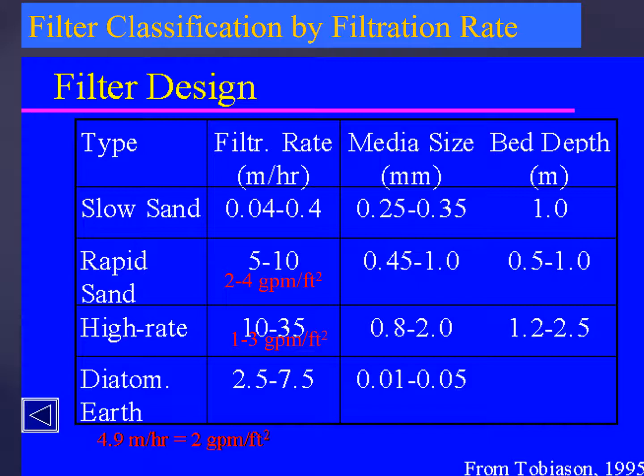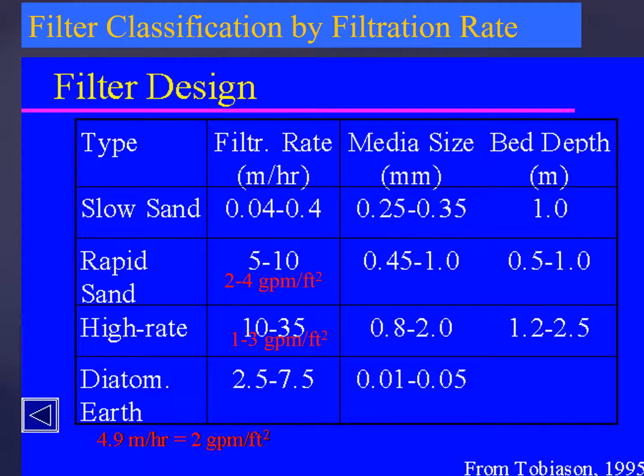For rapid sand it is from 5 to 10, but in US units it will be 2 to 4 GPM per square feet. GPM stands for gallons per minute, so gallons per minute per square feet. For high rate, it is 1 to 2 gallons per minute per square feet.